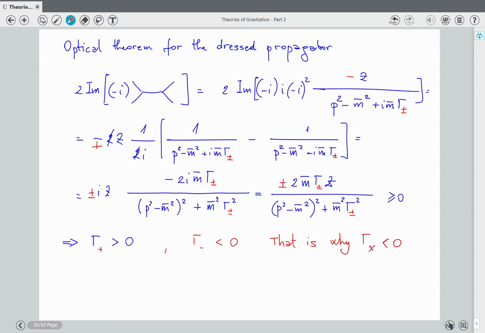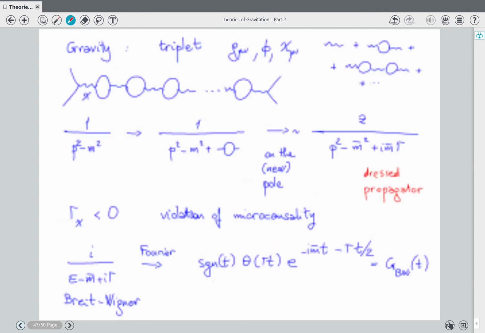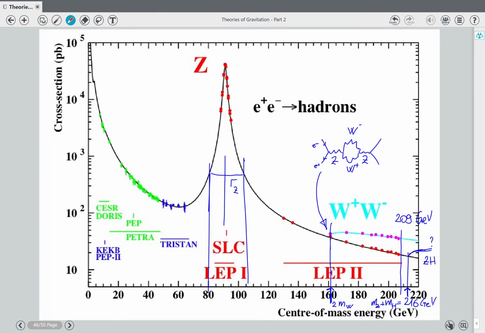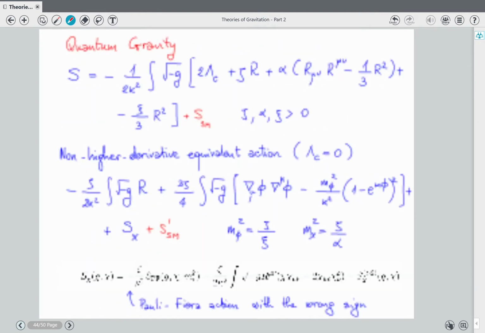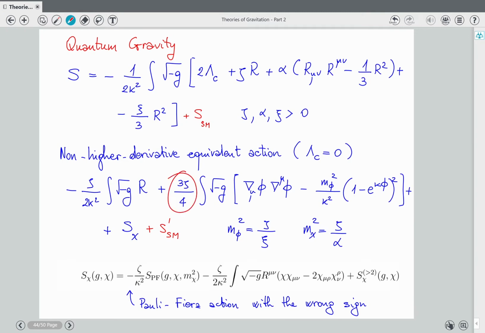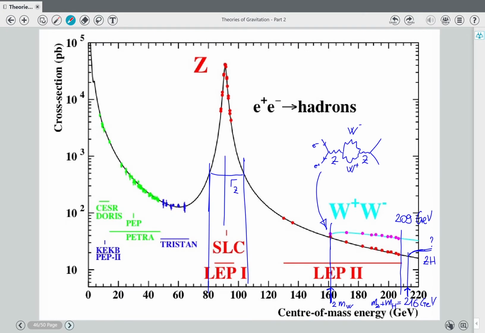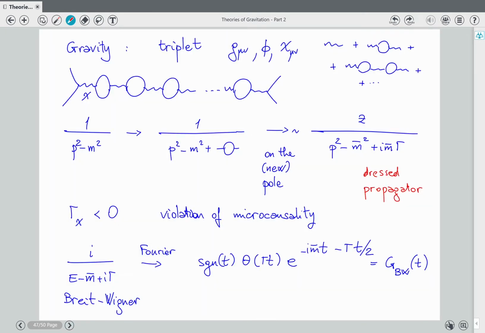Instead, gamma of phi is positive because its starting action has a positive coefficient. It doesn't mean that phi is a physical particle if it has a positive gamma. It could be a fake one.